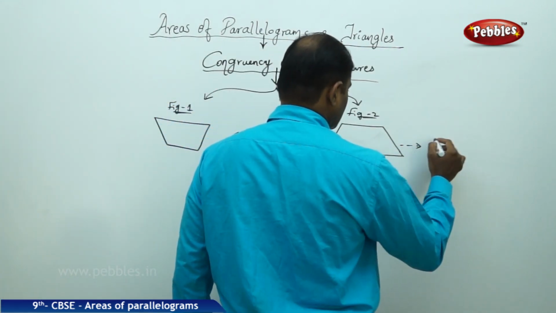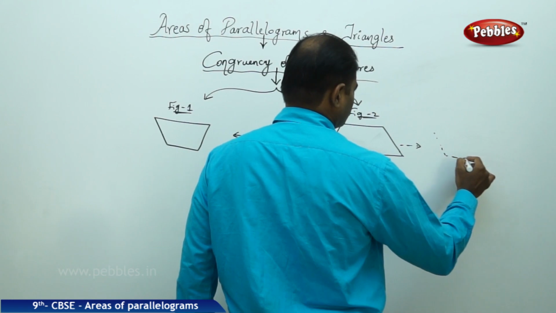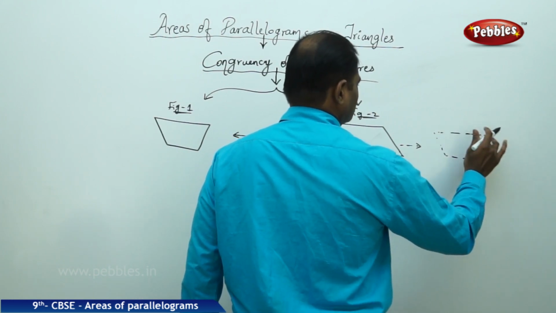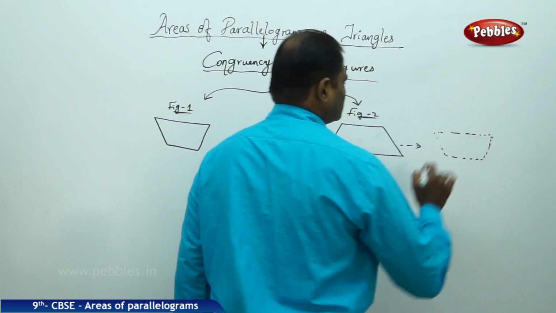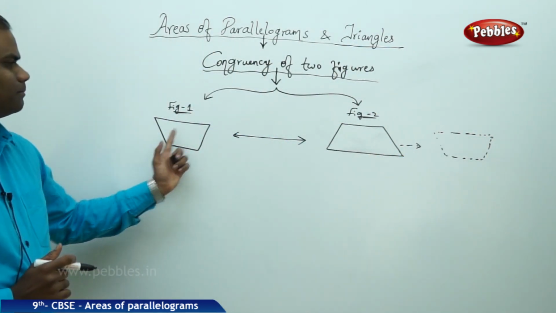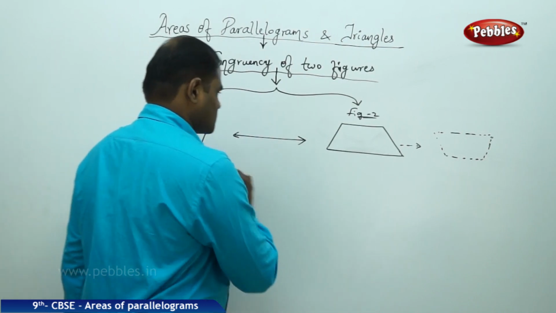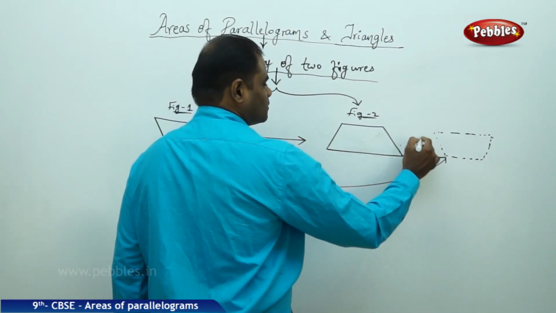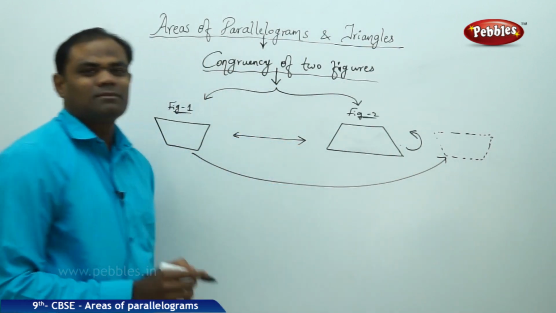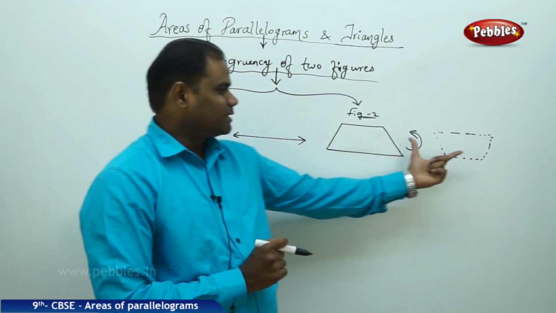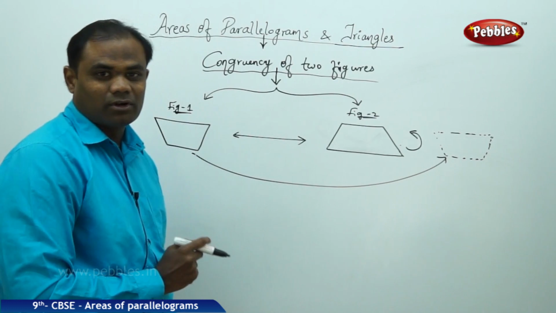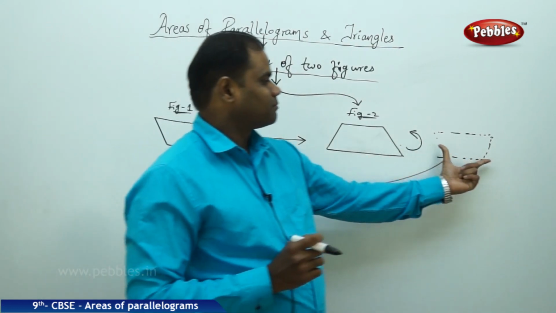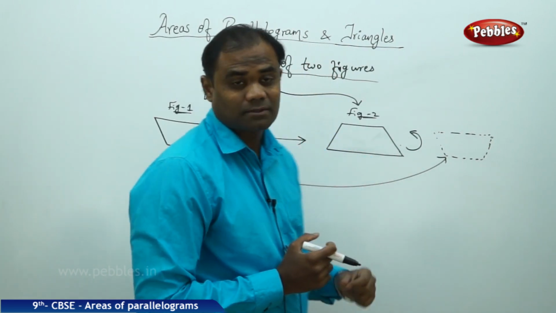This is indirectly understood to be in this form. So this is connected with this when this is rotated into this. So this is exactly the same as this. So congruency of two figures is when they have the same shape and of course the same size.